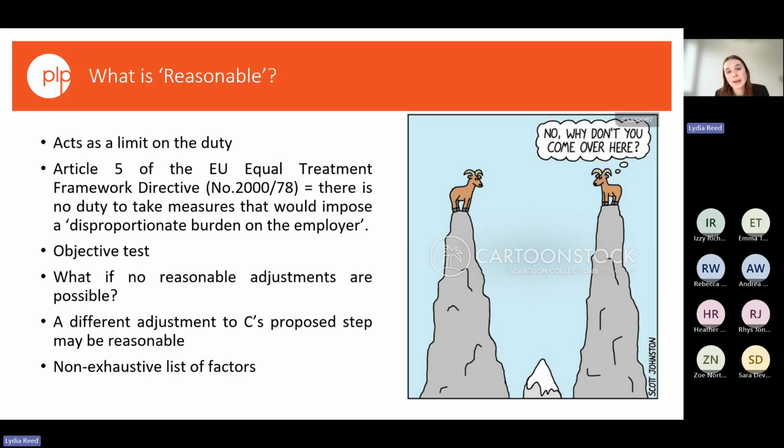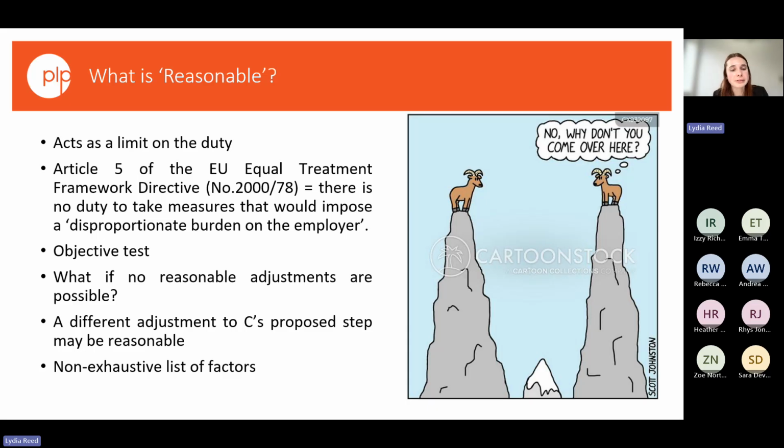But on the other side of the coin, there might be situations where no adjustment will be appropriate. For example, in highly regulated areas, it might be that no adjustment is possible if there are external regulatory obligations, or if there's a hospital scenario and an employee is, say, wanting to work part-time, but there is a necessary number of employees required on the ground.